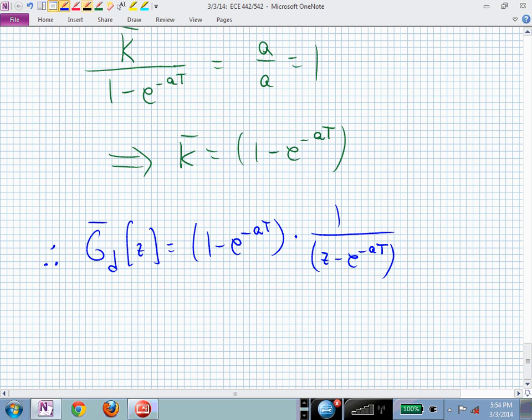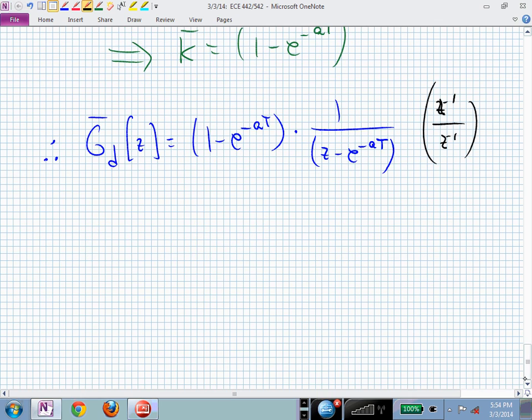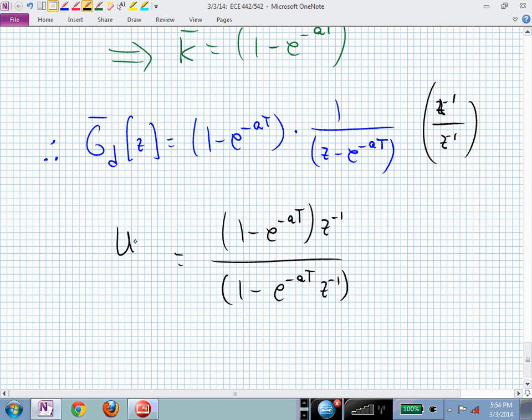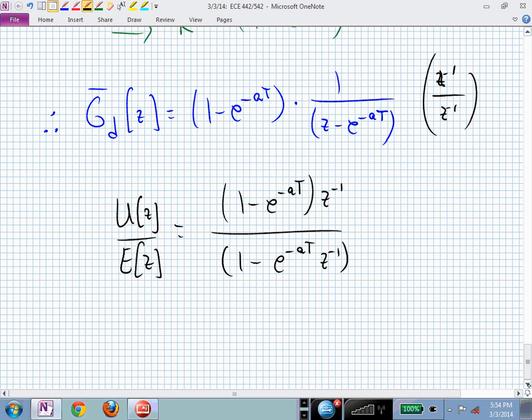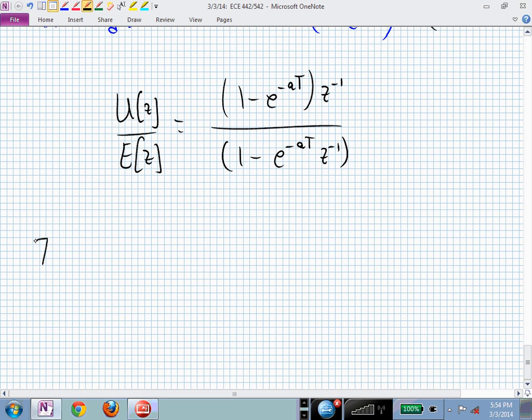If we take that into the time domain, we now get a slightly modified difference equation.